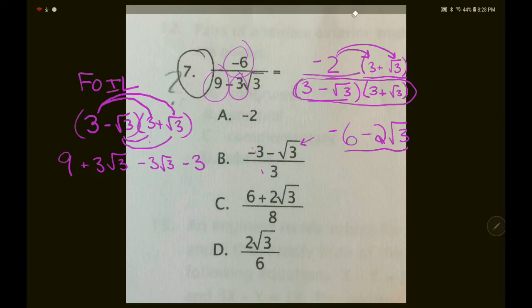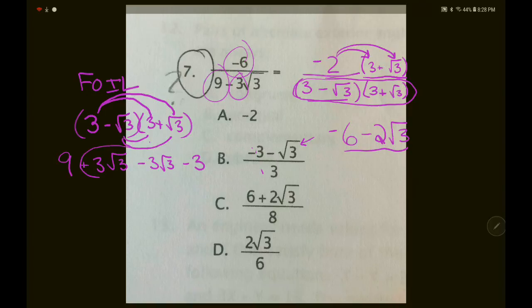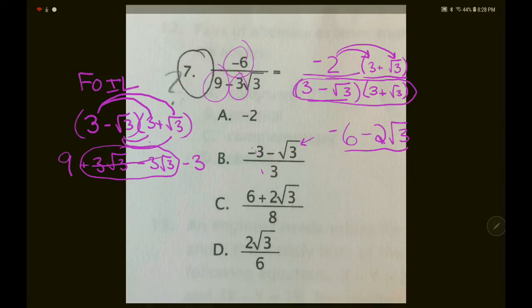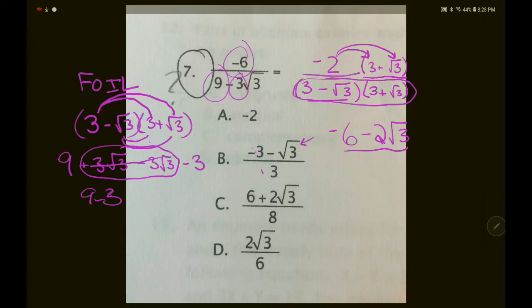So we're going to combine these terms. These middle terms need to be combined. They're both positive 3 square root of 3 minus 3 square root of 3. They actually cancel out. So we have 9 minus 3, which is 6. So I'm going to write this over here. This is our answer.